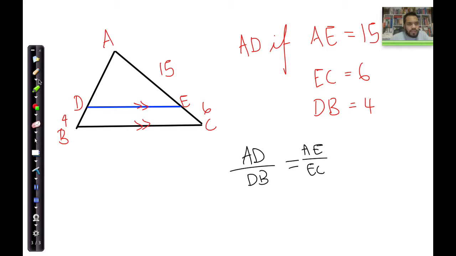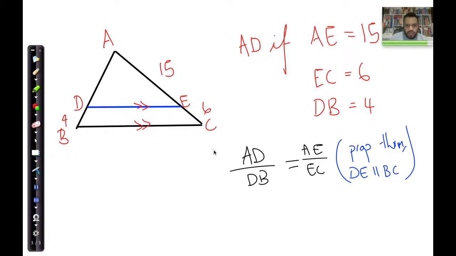And I need to give a reason for that. So let's see what reason I can come up with. Well, my reason is going to be proportionality theorem, because DE is not perpendicular, but parallel to BC.